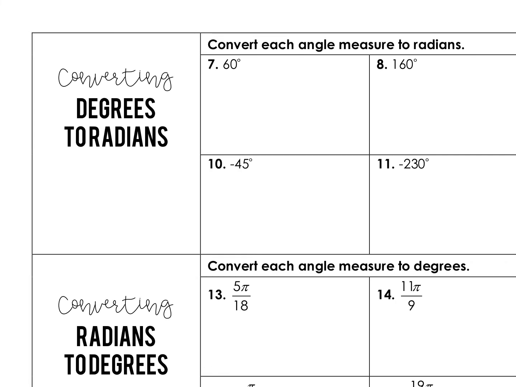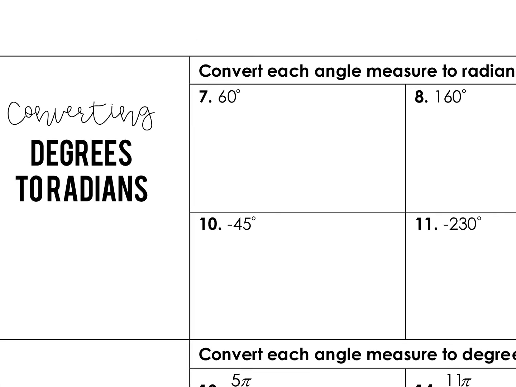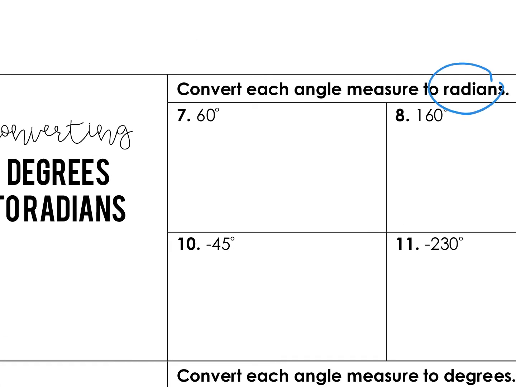All right. So let's take 60 degrees and turn it into radians. So I want to get the degrees to cancel. So where does 180 degrees go? The bottom. 180 degrees goes down here. What goes on top? Over 1, pi. A pi goes on top. So if you do the math, that gives you 60 pi over 180, and the degrees are already canceled.